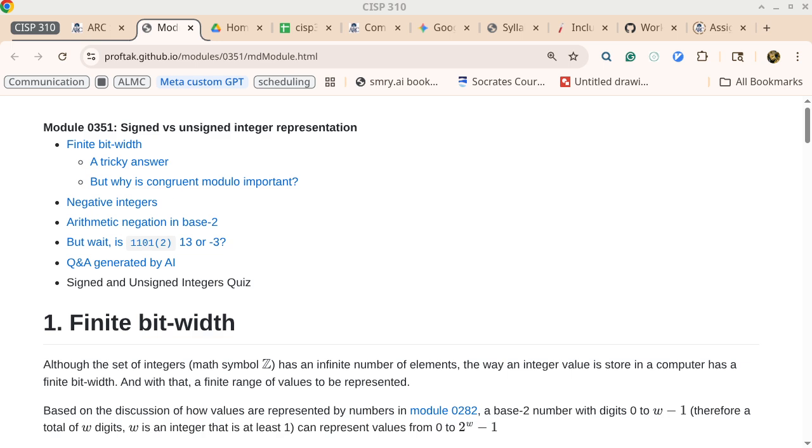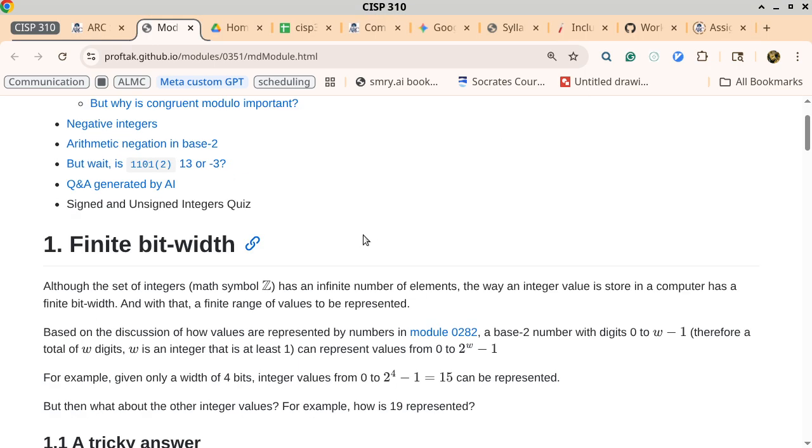So what we'll do today is first talk about fixed width. That means when you talk about an integer in a computer, it always has a fixed width, which means a fixed number of digits. Typically it is 8 times a power of 2. What does that mean?